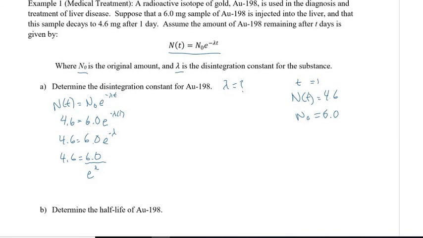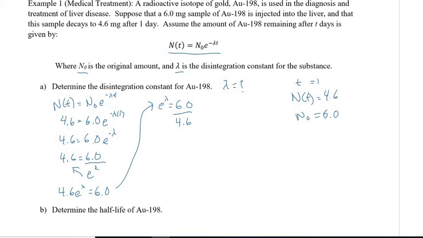And now we can multiply that up, and that becomes 4.6 e to the lambda is equal to 6.0. Now we can divide the 4.6 out, and we get e to the lambda is equal to 6.0 over 4.6. So now we're getting close, but we need to get rid of that exponent.